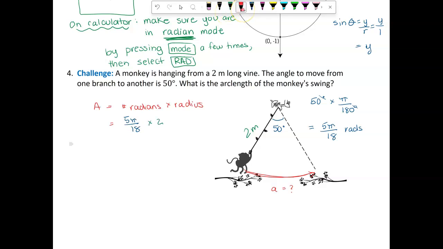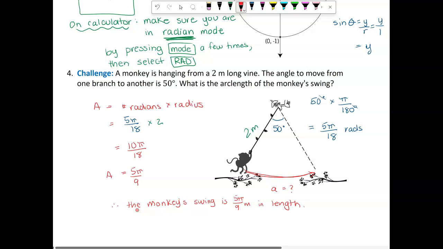So our arc length will be 10 pi over 18, which simplifies to 5 pi over 9. And so we write a therefore statement that the monkey swing is 5 pi over 9 meters, because we used 2 meters in length. Okay, and that is how we apply radian measure instead of degrees.